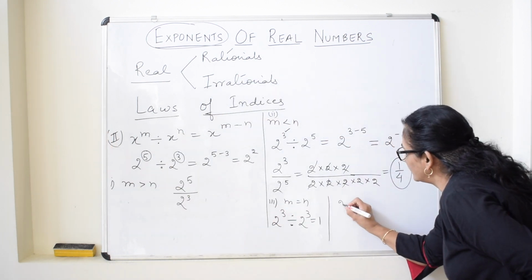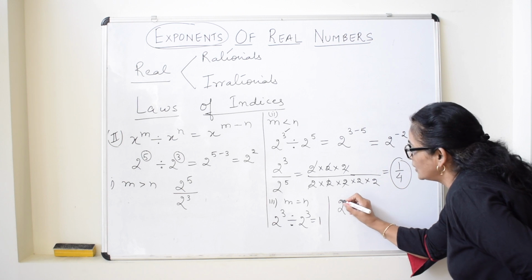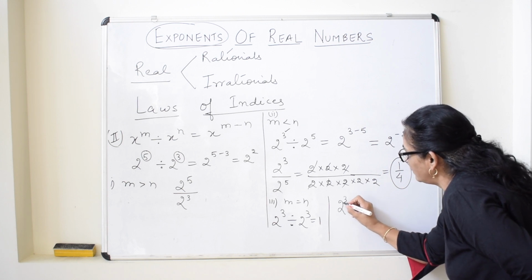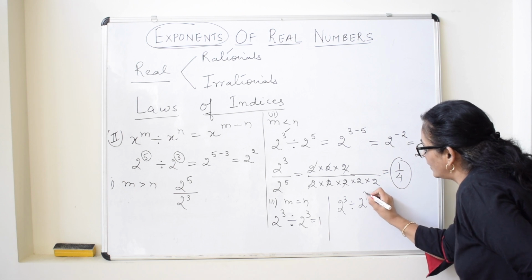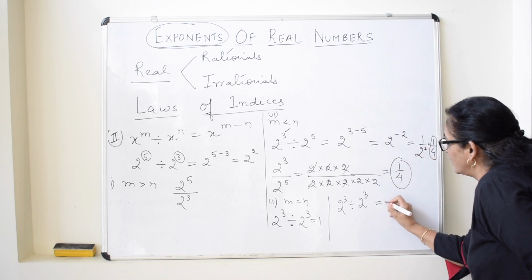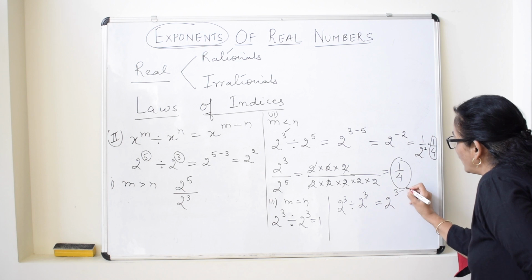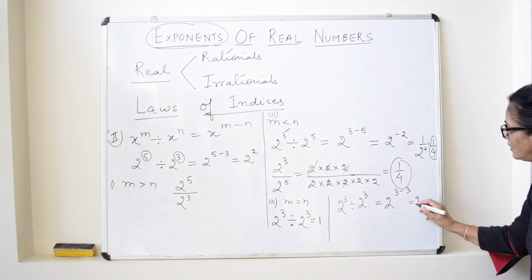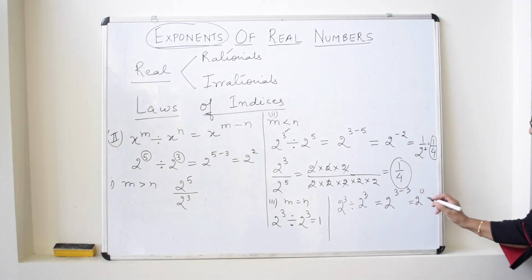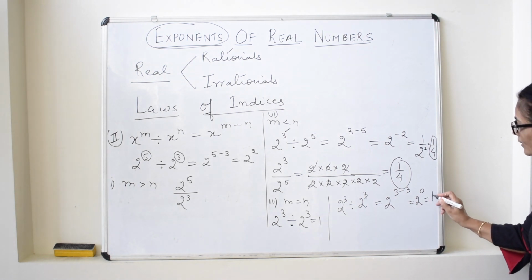If we apply the result, it is 2 raised to the power of m divided by 2 raised to the power of n, where m and n are same. Law says the powers will be subtracted, and 3 minus 3 is 0, and this will be 1. Why?